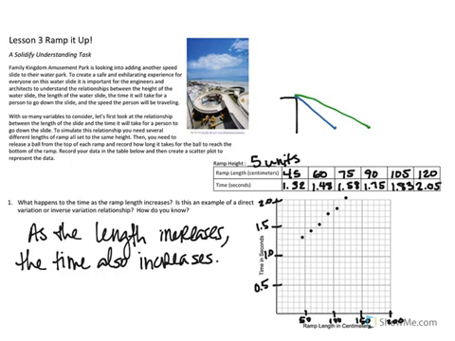So as the length increases, the time also increases. Notice that this is a pretty linear path. It's not perfect because there is room for human error in the calculations, but what we know is that this is going to be a direct variation. And that is because the length increasing directly determines that we have more time since our height has not changed.